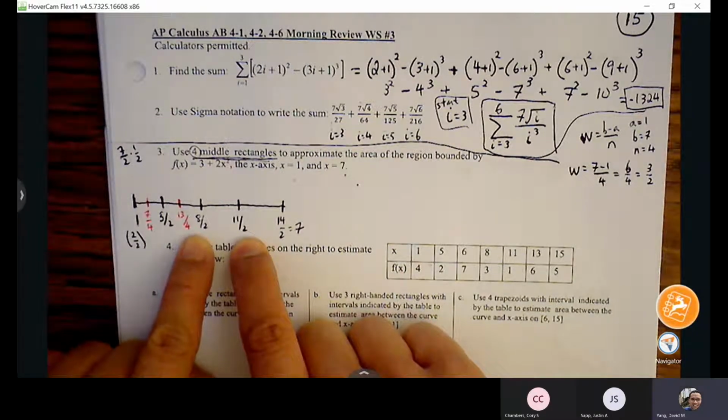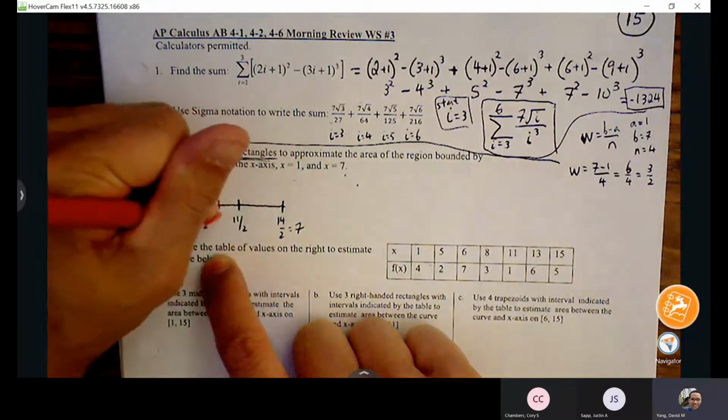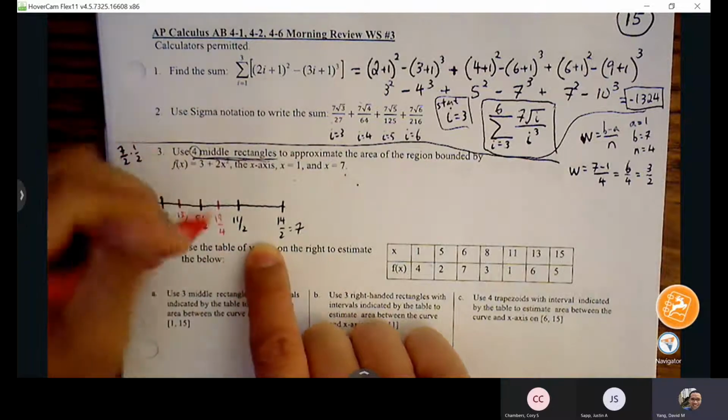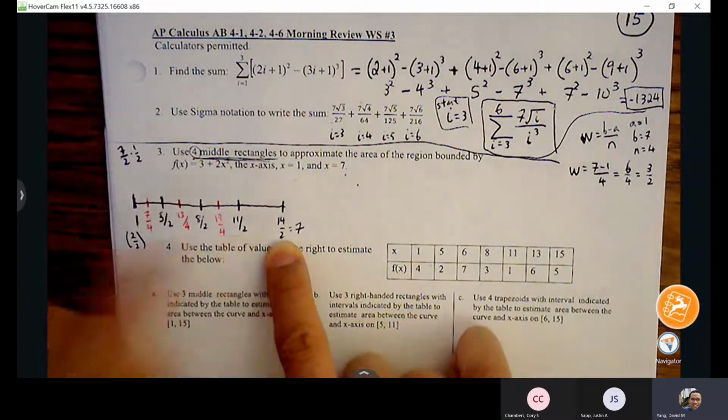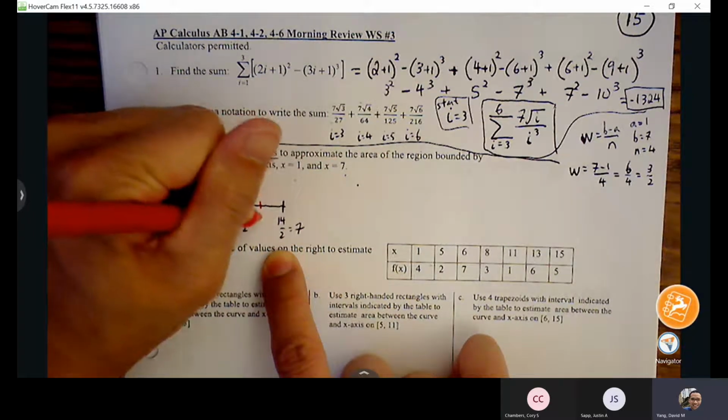Eight over 2 plus 11/2 is 19/2. Half of 19/2 is 19/4. And then 25/2, half of that is 25/4.